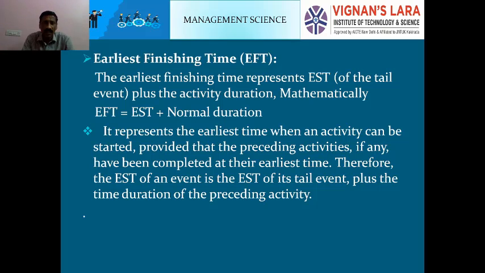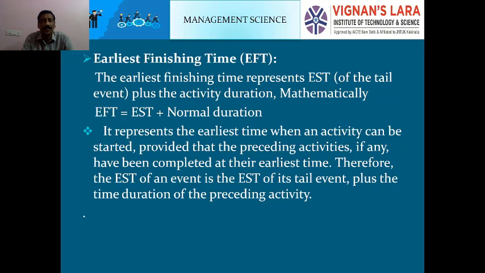Mathematically, EFT equals EST plus normal duration. Already calculated EST above. For example, EST is 20 plus normal duration of the activity is 2. 20 plus 2 equals 22, which is the early finish time.